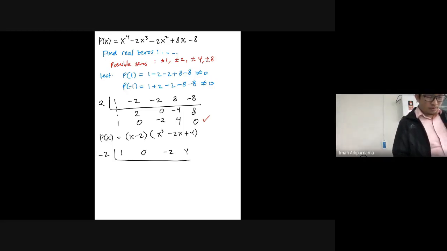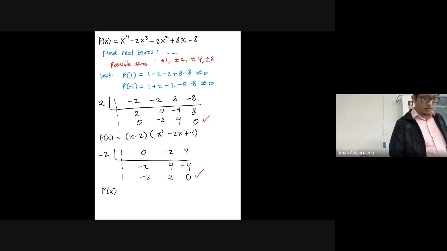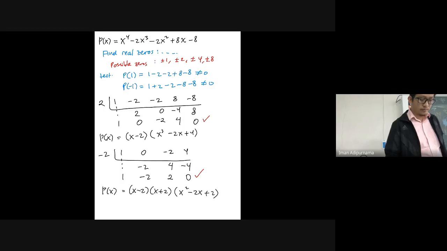So it will be 1, -2, 2, -4, 0. Oh, yeah, it's also our zeros. So I get x minus 2, x plus 2, x squared minus 2x plus 2.